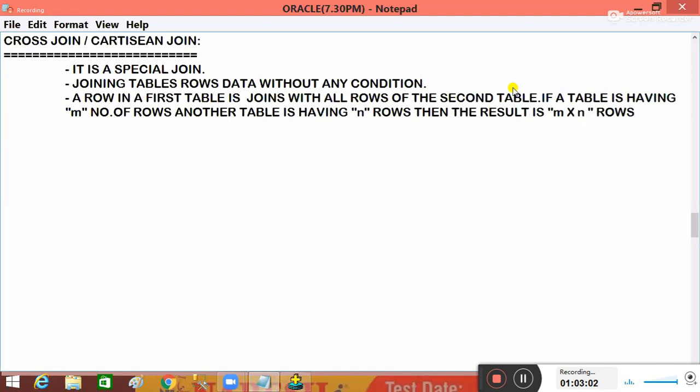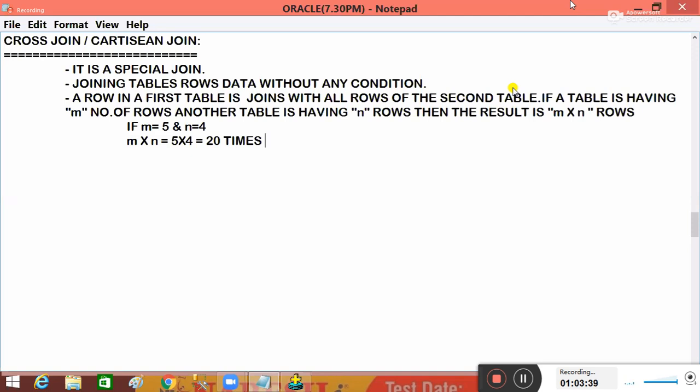Suppose table A has m equals 5 rows and another table has n equals 4 rows, then m cross n is 5 cross 4, so 20 times it will be joined. This is the cross join mechanism.